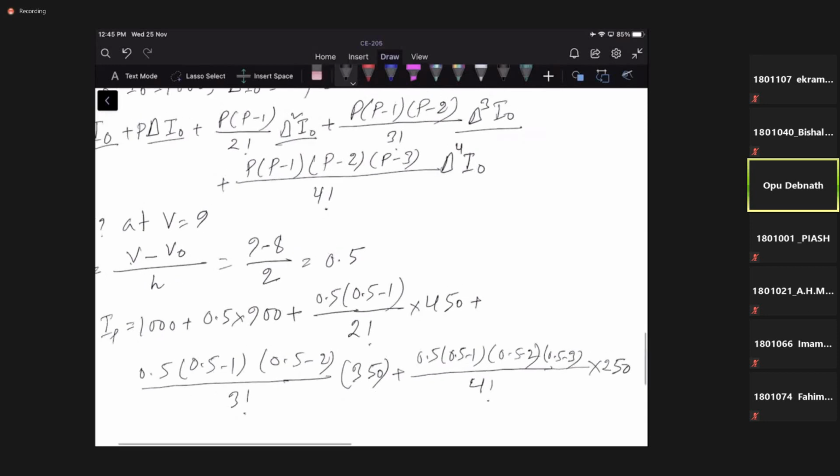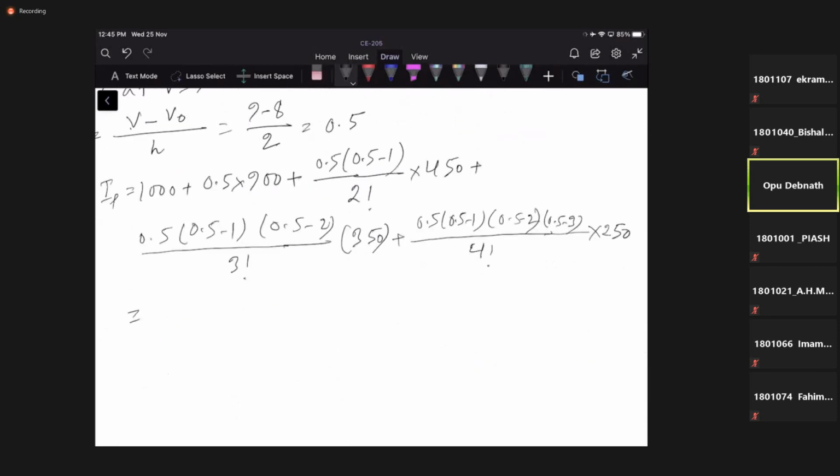All the values are known. Just calculate carefully. This is 1000 plus 450. And another thing is you should be careful about the plus and minus. Say here 0.5 multiplied by 0.5 minus 1, and multiplied by 450 divided by 2 factorial, it will yield a total of 56.25. And the next one, minus 0.5 minus 1.5, this will be plus, and it will give 21.875.